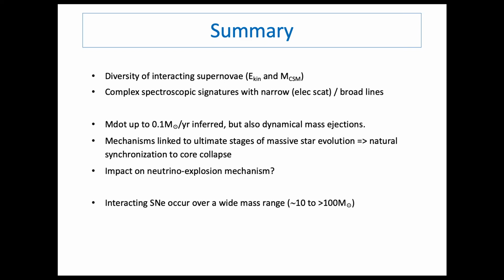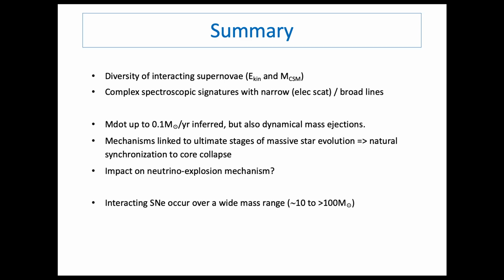Yeah, so you're absolutely right. There are two things. We know of type Ia supernovae that have clear signs of interaction. We see strong hydrogen lines, so we know that there is material around, and this is under study. But there is the possibility that you could have circumstellar material that's optically thin, and then you would not see it.